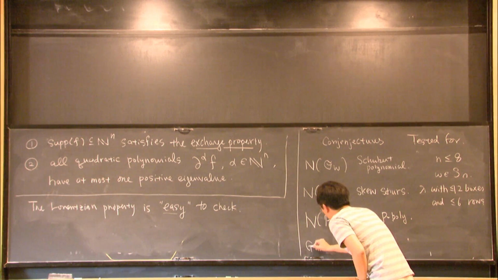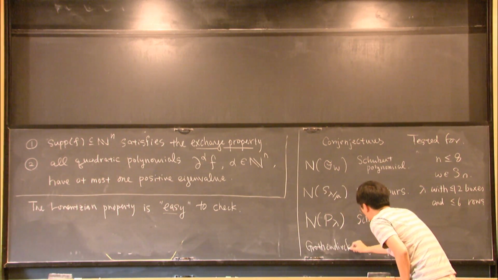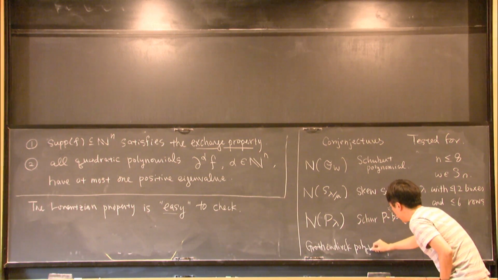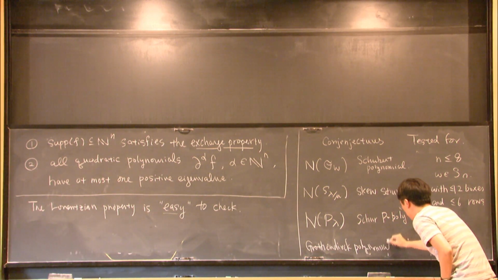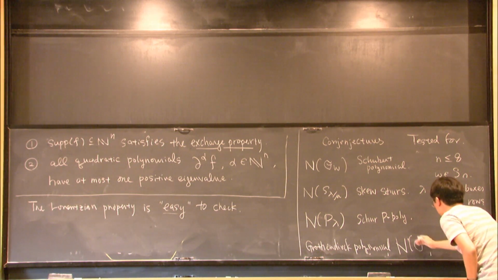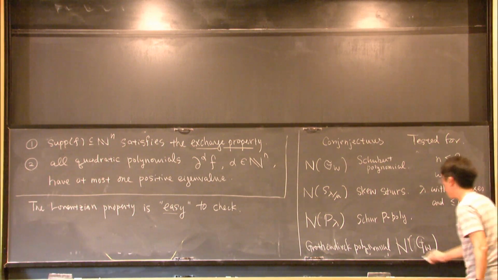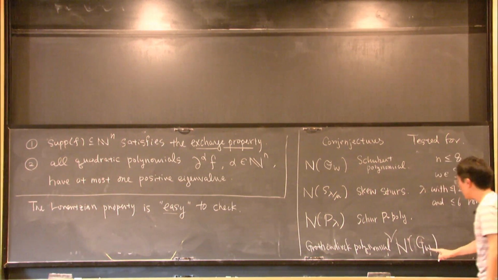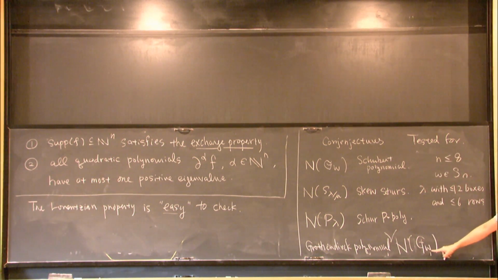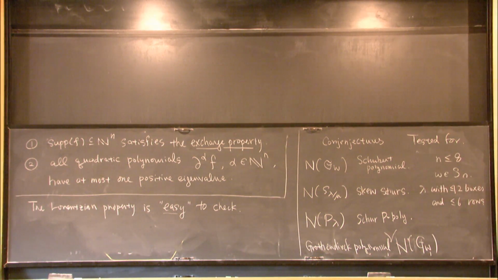And there is the Grothendieck polynomial, normalized, let's say G of w, which controls the K-theory of flag varieties in the same way the Schubert polynomial controls the cohomology.